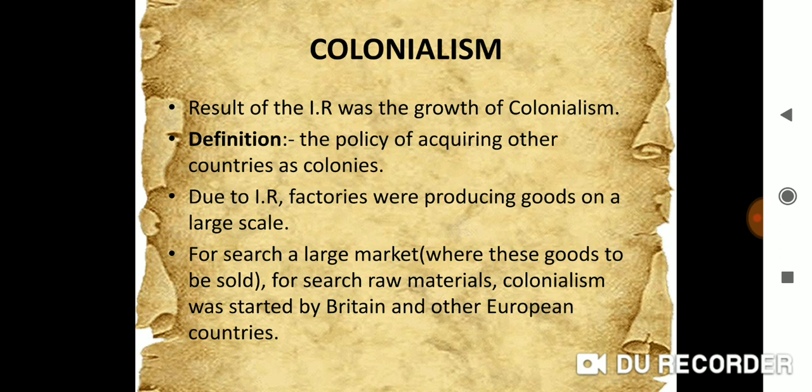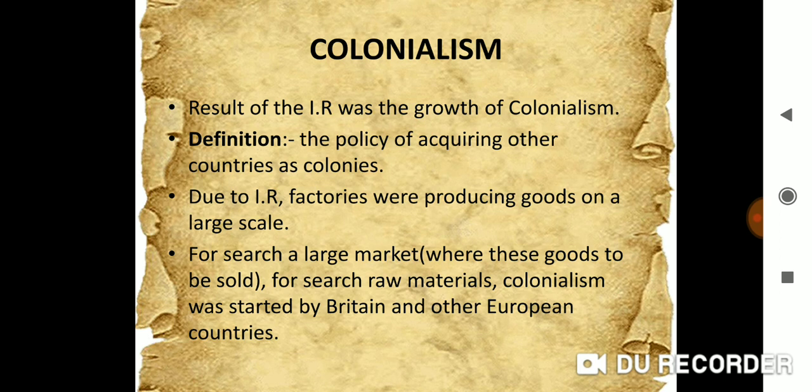For such a large market where these goods are to be sold, this surplus product needs a market to be sold. So for such a large market, to find a market where this surplus will be sold, and for such raw materials, to run an industry raw materials are very necessary. And you also know, so many industries in England collected their raw materials from India.